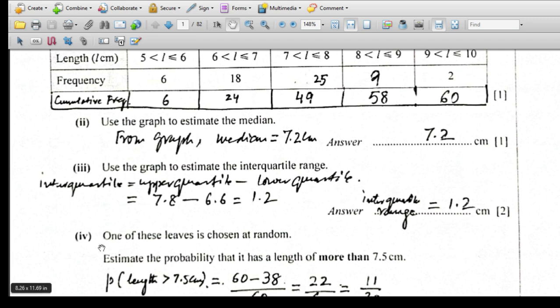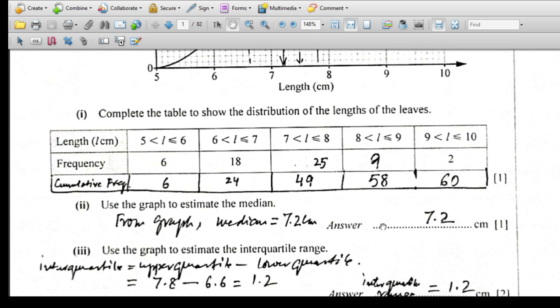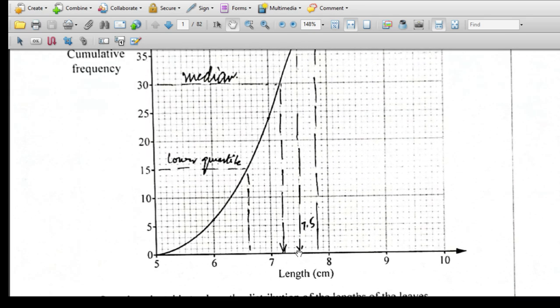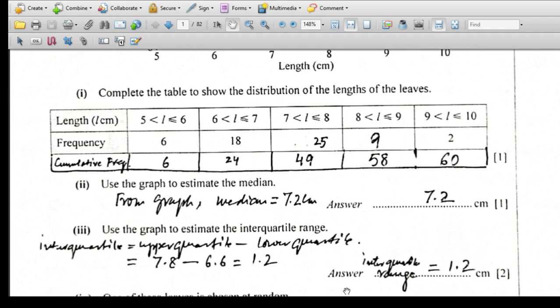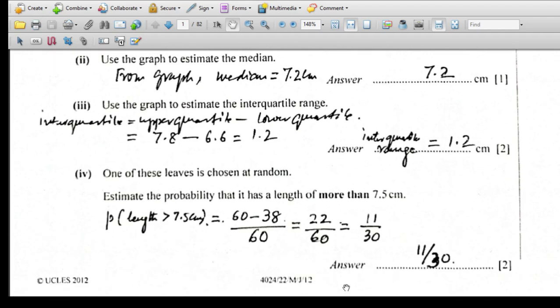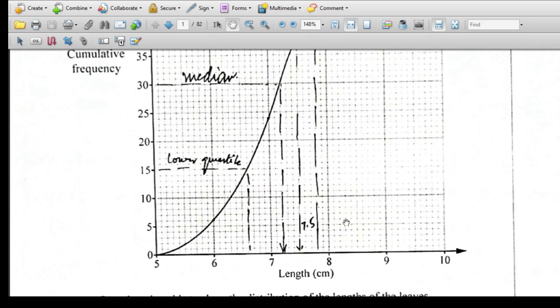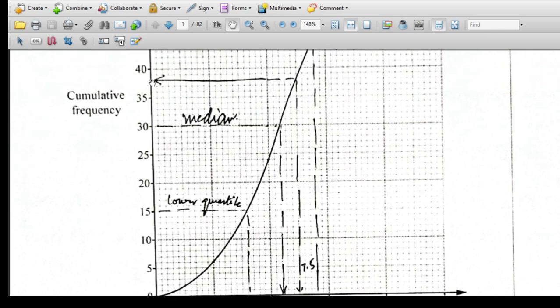In the fourth part, one of these leaves is chosen at random. Estimate the probability that it has a length of more than 7.5. At 7.5 centimeter, the cumulative frequency is read as 38.